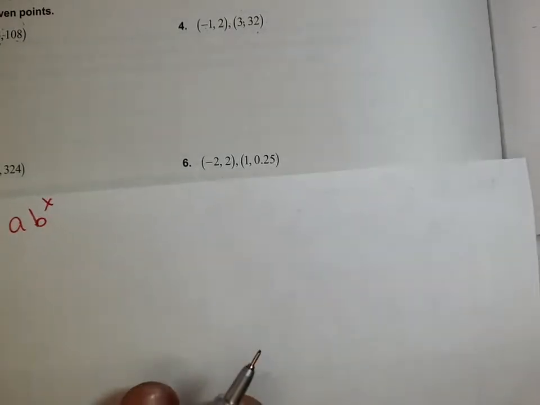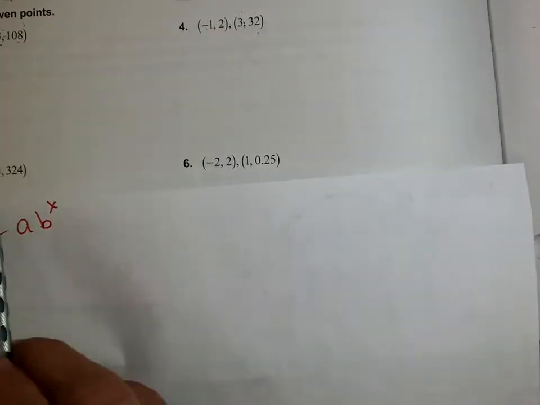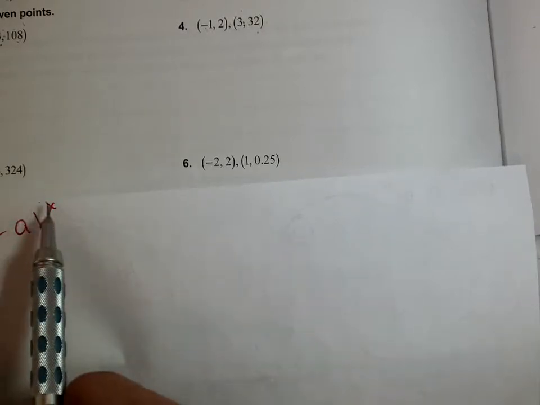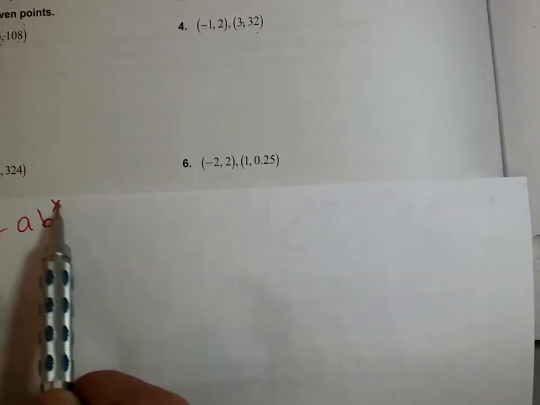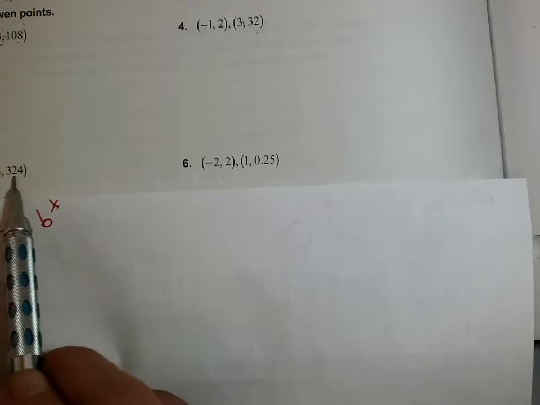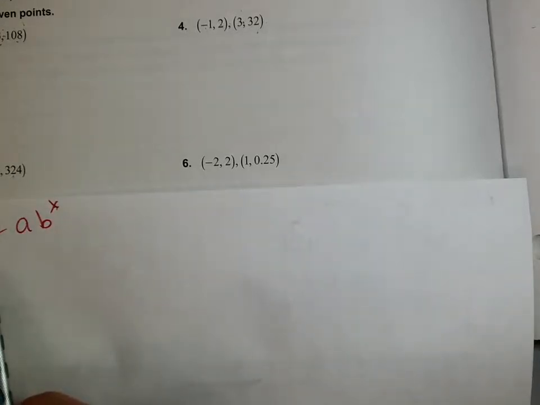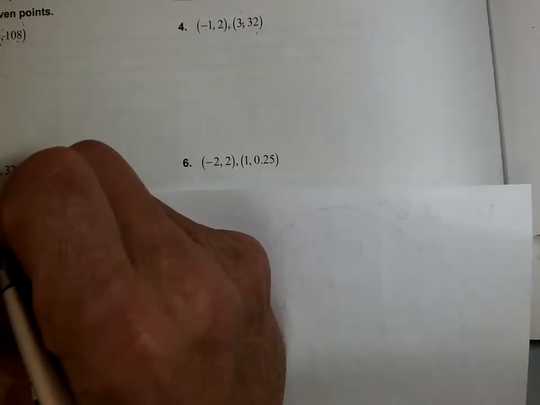So, first step, you need 2 equations, okay? We'll plug the 9 in for the y and the 2 in for the x. Second equation, we'll plug the 4 in for x and the 324 for the y. Does that make sense? Because every point has an x and a y.